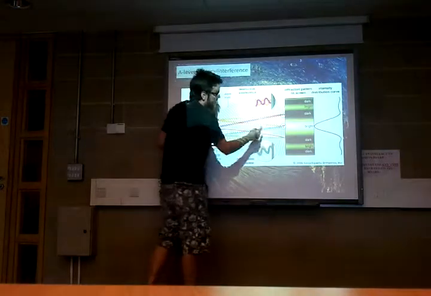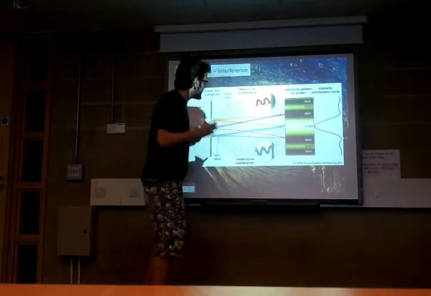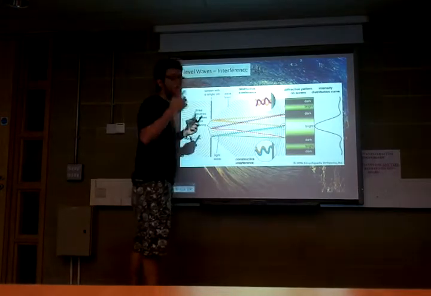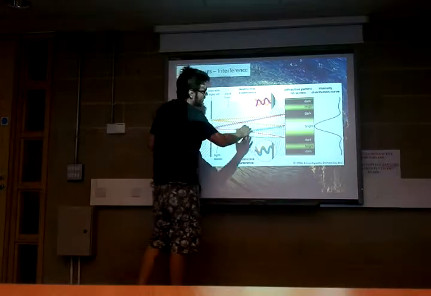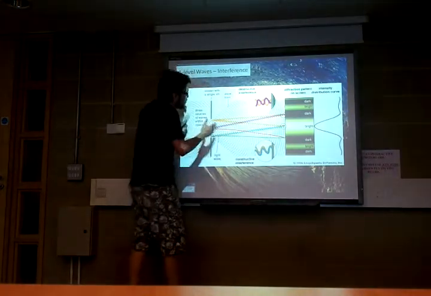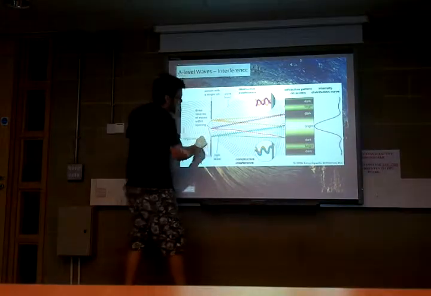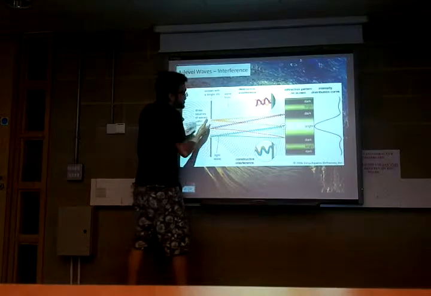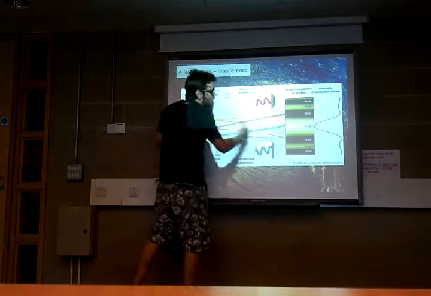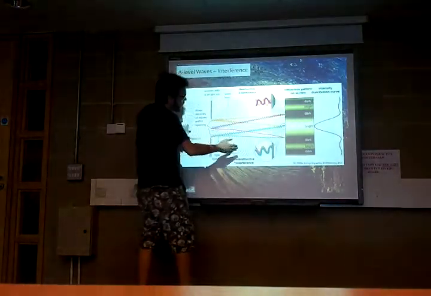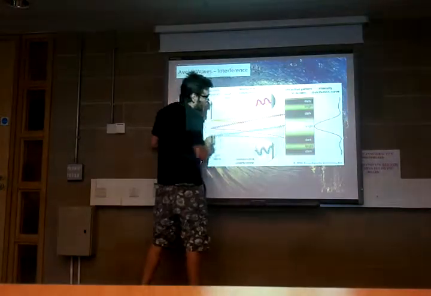Because this red section has technically taken a longer distance, remember your Pythagoras and working out the angles and the lengths of your triangle, you will know that this diagonal length here is longer than the straight path. So it's taken a longer time to get to the same point as the wave that's gone directly there.